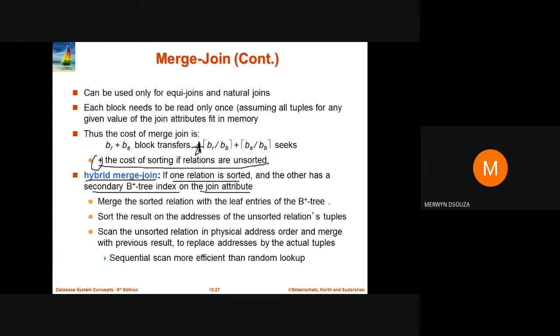Sort the result on the addresses of the unsorted relation tuples. Then we can scan the unsorted relation in physical address order and merge with the previous result to replace addresses by the actual tuples. In this case, the sequential scan is more efficient than the random lookup.